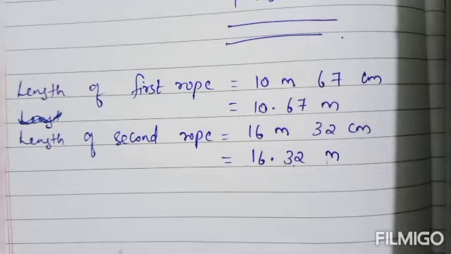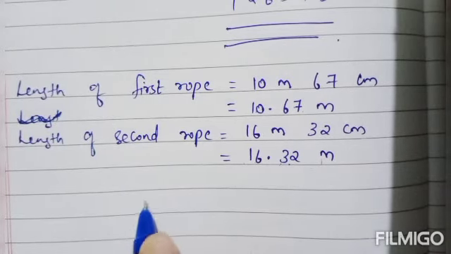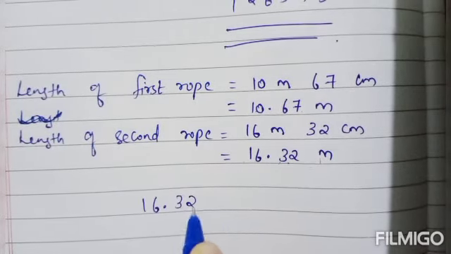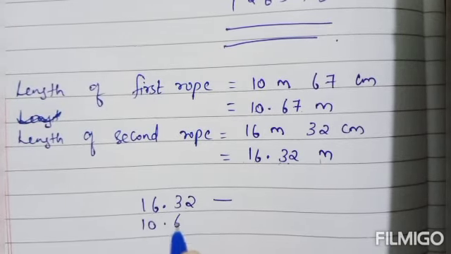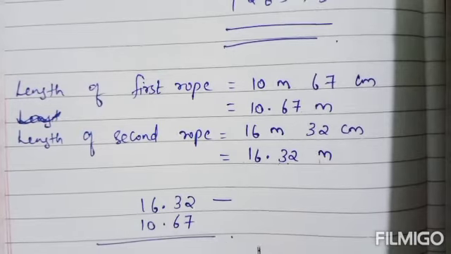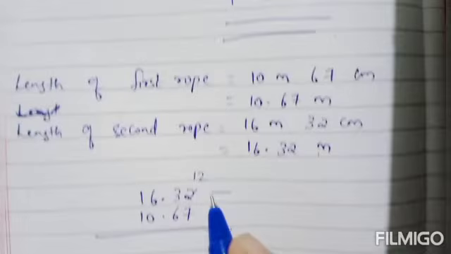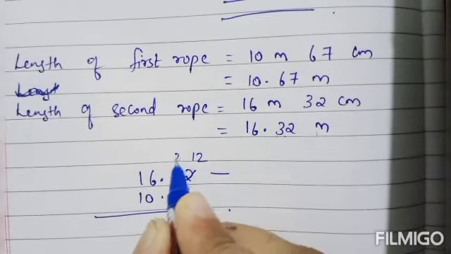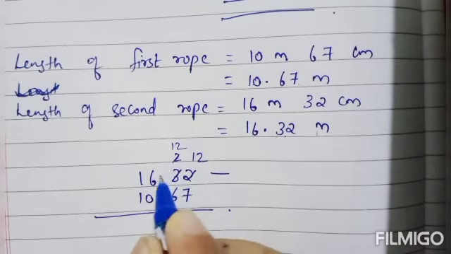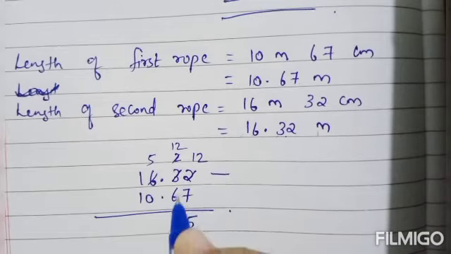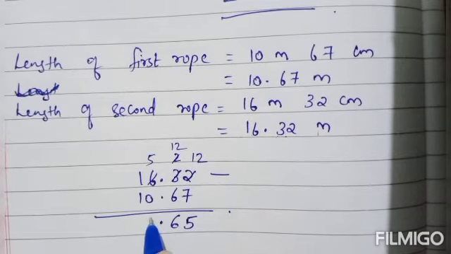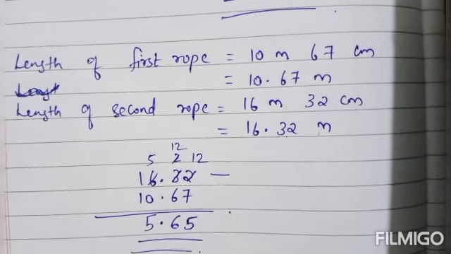So how you can find? Subtraction. 16.32 minus 10.67 you have to find. Okay, so here 12, here 2, then again 12, 5. So what you will get? 5. Now 6 point is coming, 5. 5.65 you will get.